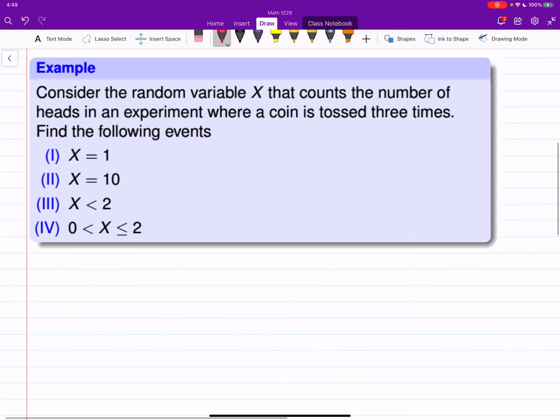Consider the random variable that counts the number of heads in an experiment where a coin is tossed 3 times. We worked with this random variable before.